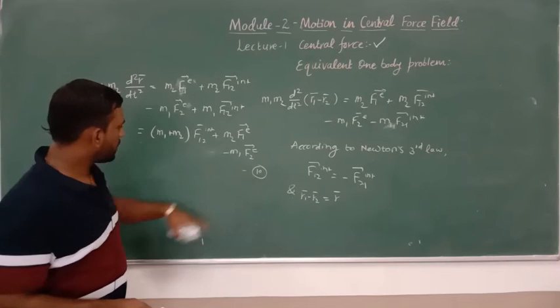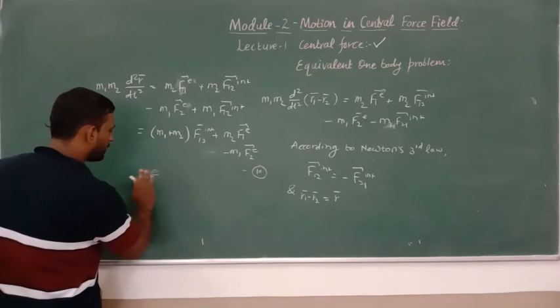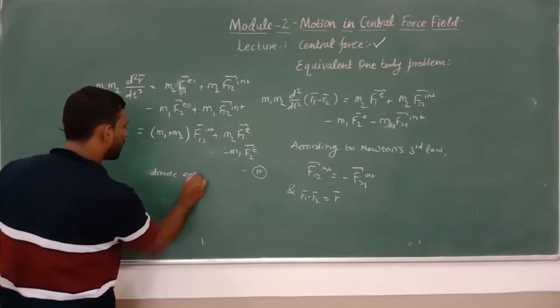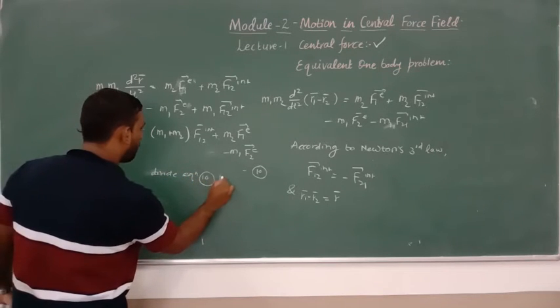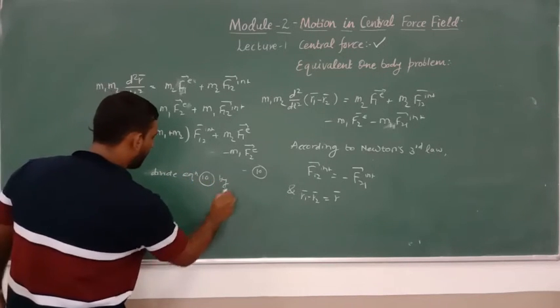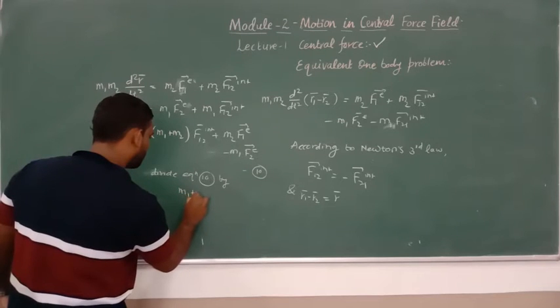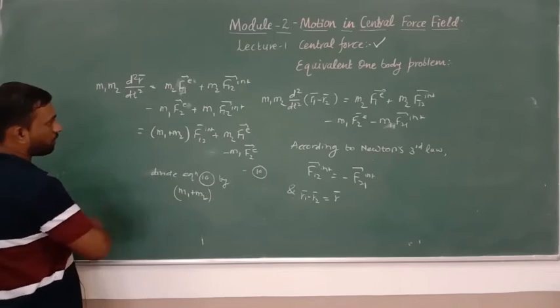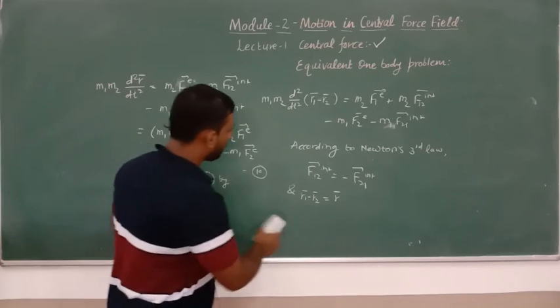So divide equation 10 by m1 plus m2. If we divide both sides of the equation by m1 plus m2, what is the form of the equation?